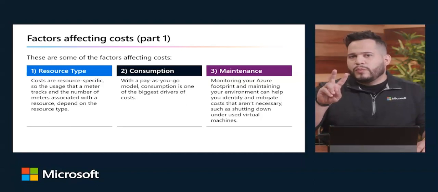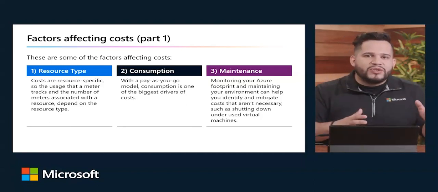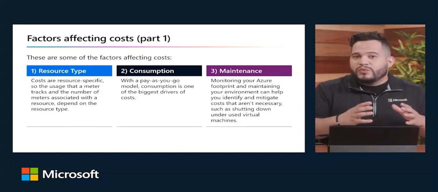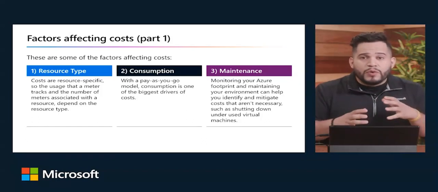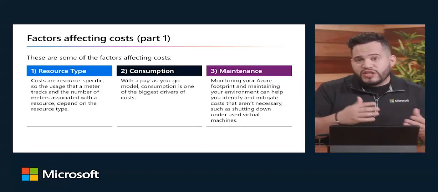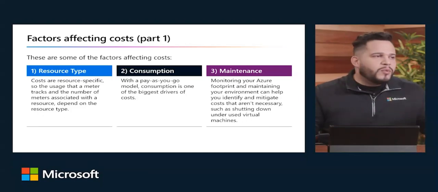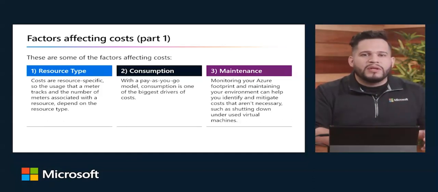Number two, we're looking at consumption. Of course, pay-as-you-go has been a consistent theme throughout our lessons, and that's where the cloud payment model really comes into play, because there we're paying for the resources that we use during a set billing cycle. Let's say in one billing cycle we're going to use a lot of compute, more than we normally would.